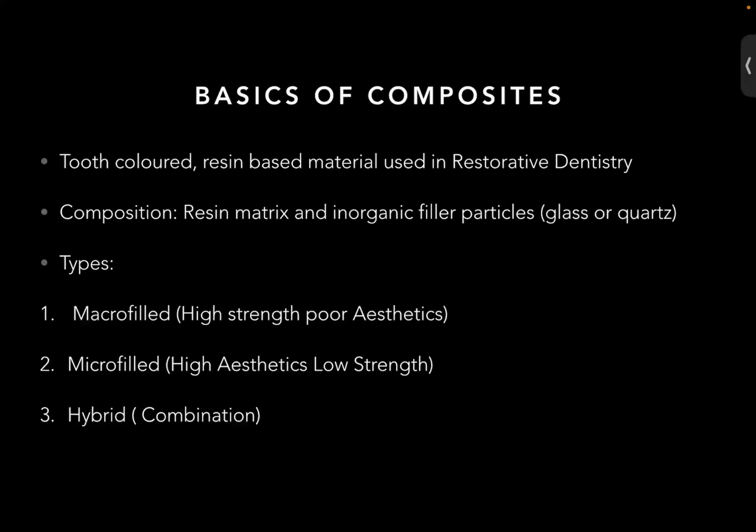So macrofilled is going to have filler particles with greater diameter. That's why it is good in strength but has poor aesthetics, because the larger filler particles cannot be very well polished. Similarly, microfilled is going to be very good at polishing, so it will give high aesthetics and low strength. And there is hybrid and a lot of such combinations, such as nano hybrid, universal, and a lot more.